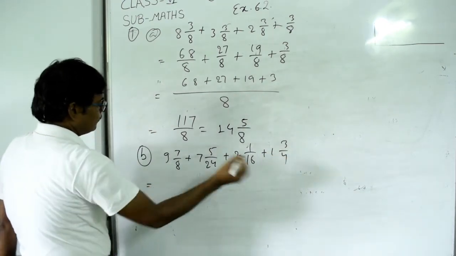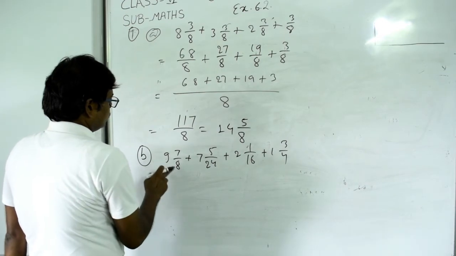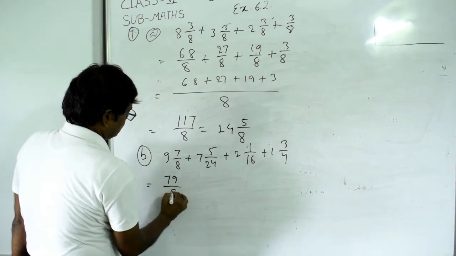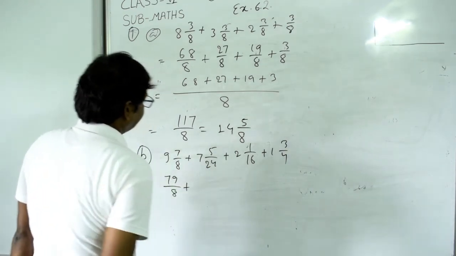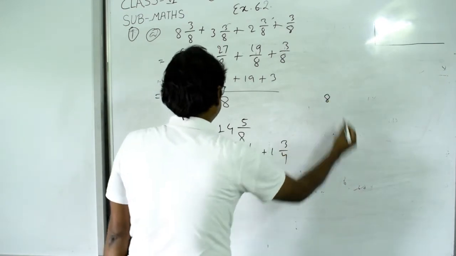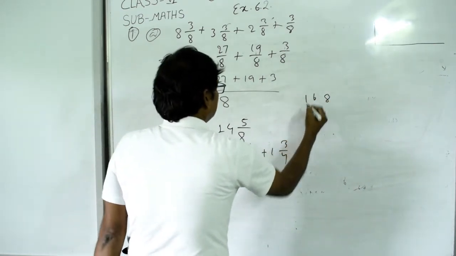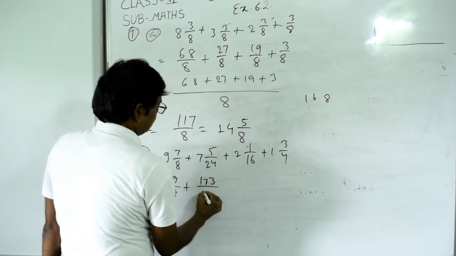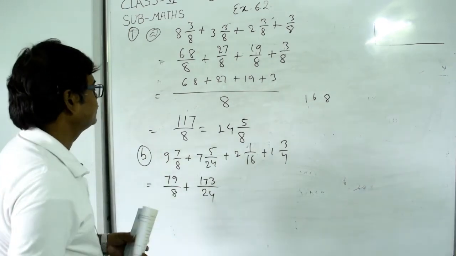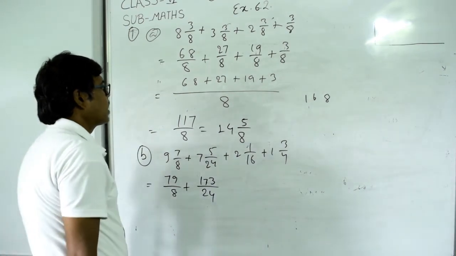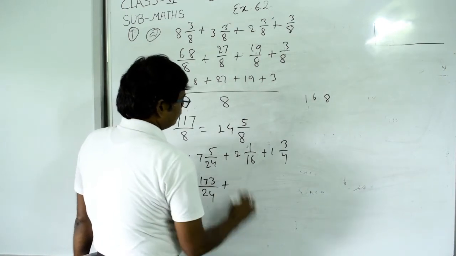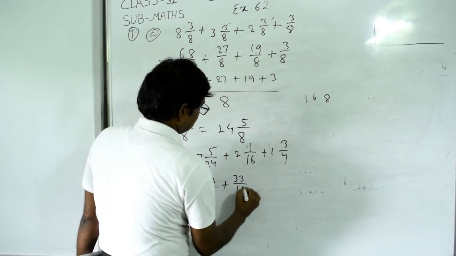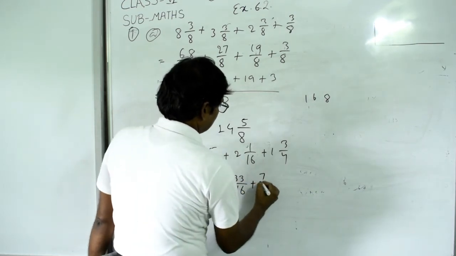Okay, now first convert them into fractions. 8 9s are 72, 72 plus 7 will be 79 by 8, and 24 7s are 168 plus 5, 173 by 24. Then 16 2s are 32, 32 plus 1 is 33 by 16, and 4 1s are 4 plus 3, 7 by 4.